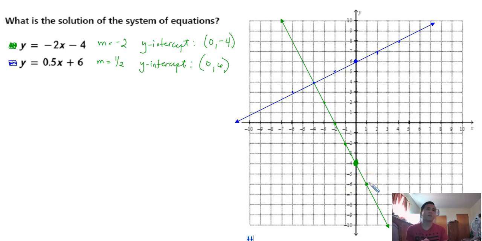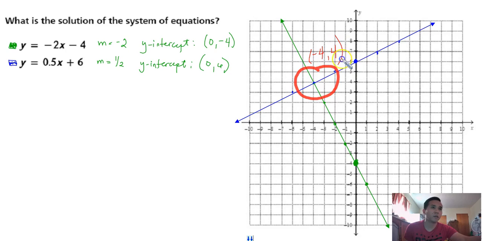When we graph it, the next step is to find the intersection. I want to give emphasis on the intersection here. The intersection point is (-4, 4). I'll be using red.